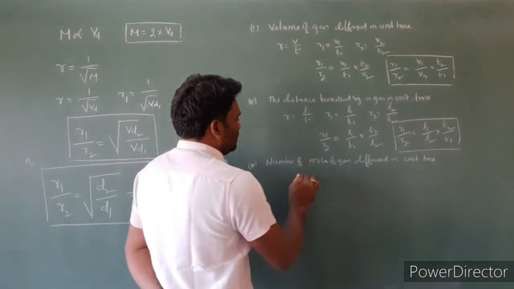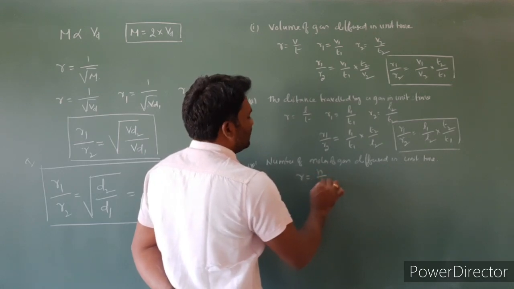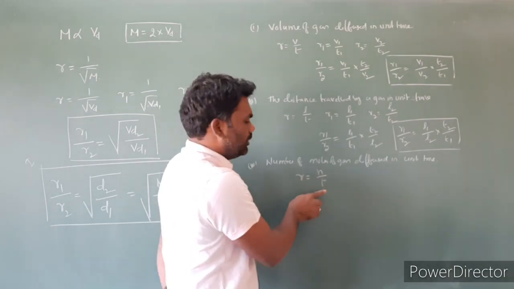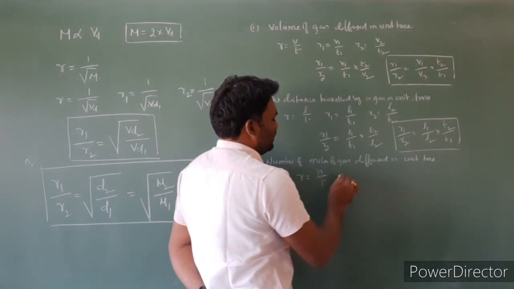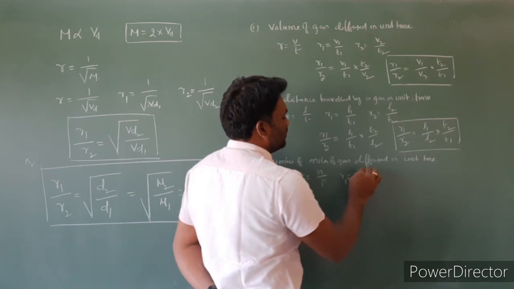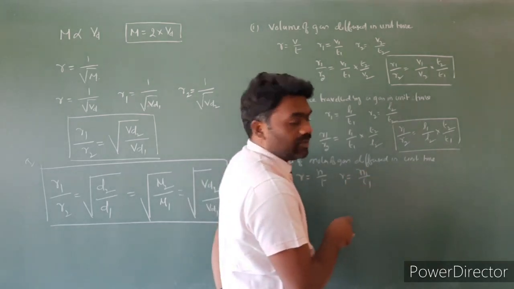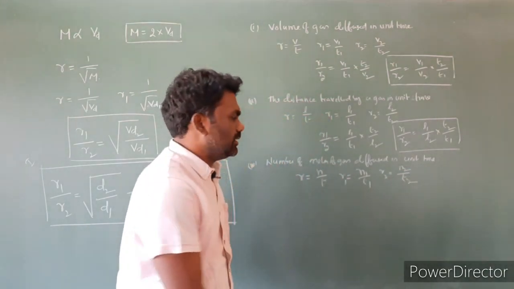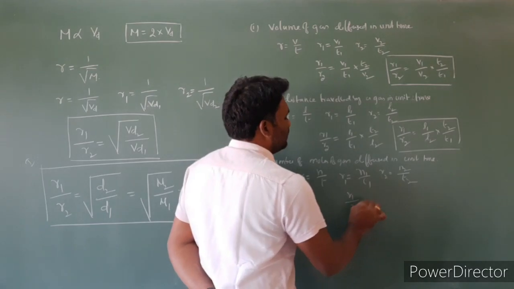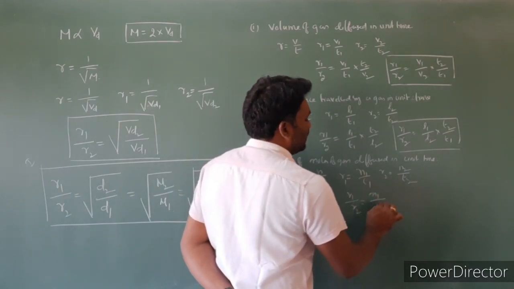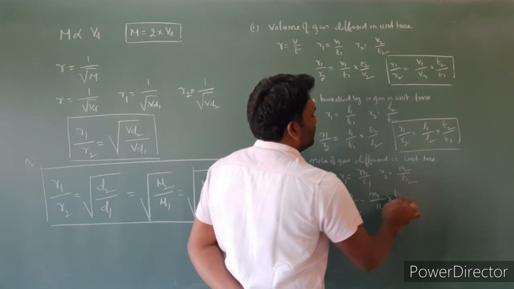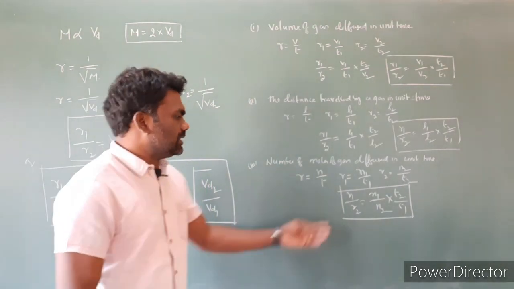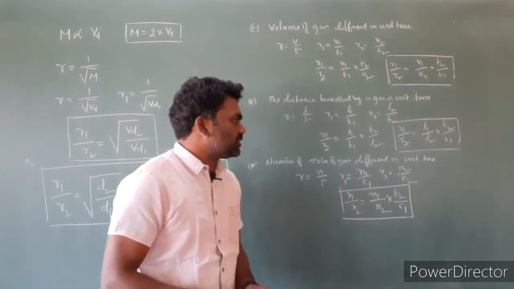Then we can take R is equal to N by T. Then for two different cases, R1 is equal to N1 by T1, then R2 is equal to N2 by T2, isn't it? Then R1 by R2 is equal to N1 by N2 into T2 by T1, which I am directly writing. So this is a relation we can expect, in terms of number of moles of gas diffused in unit time.